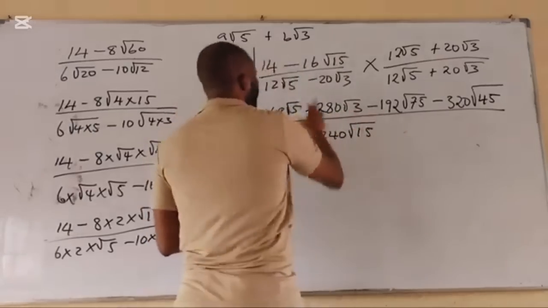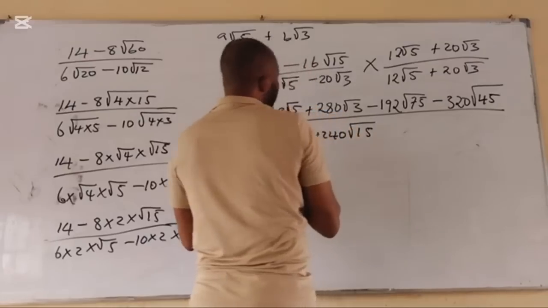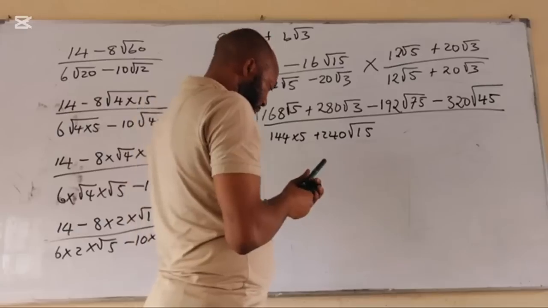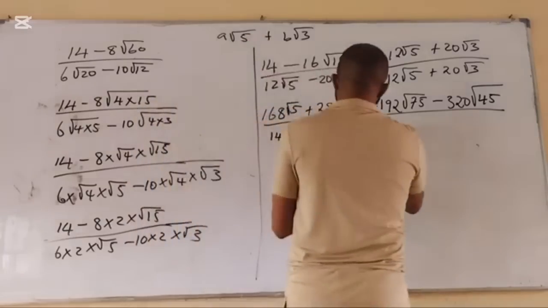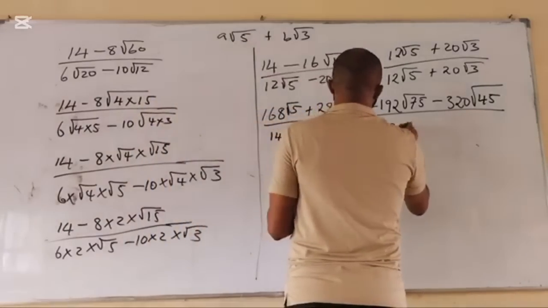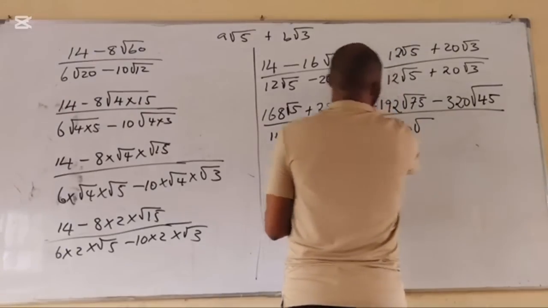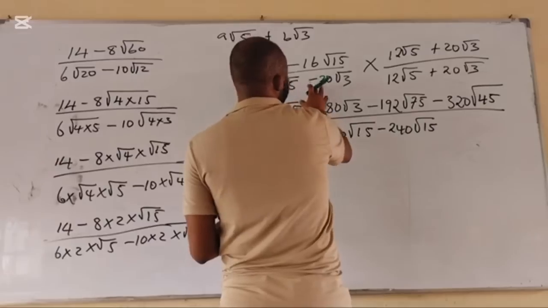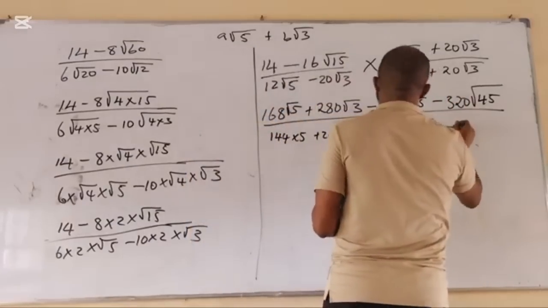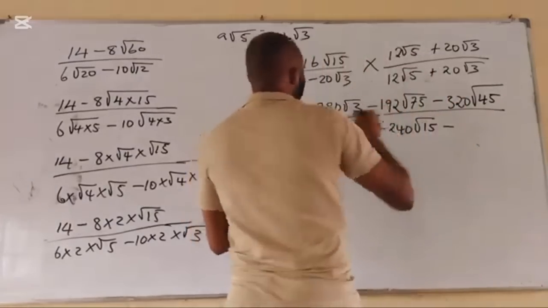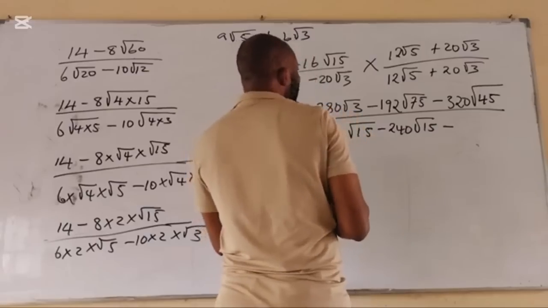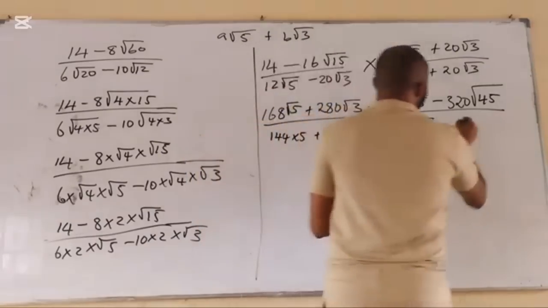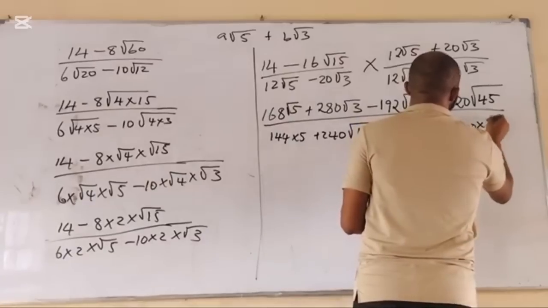The other way. Minus root 20 times 12. 20 times 12 is still 240. So this goes minus 240 root 3 times 5, which is 15. And finally, minus times plus here is minus 20 times 20. 20 root 3 times 20 root 3 is 400 times 3.